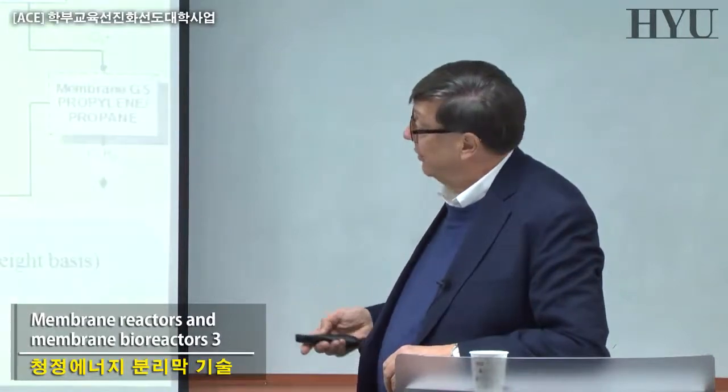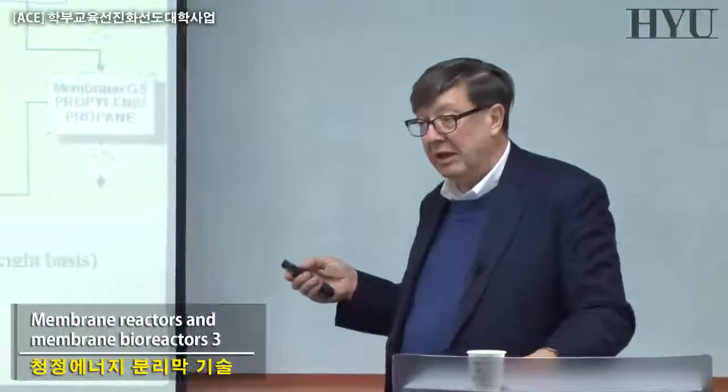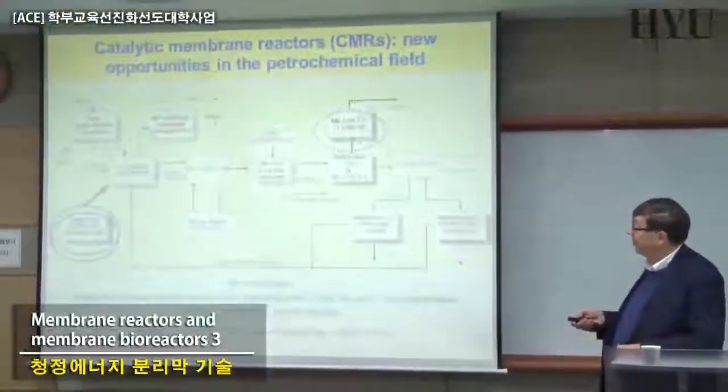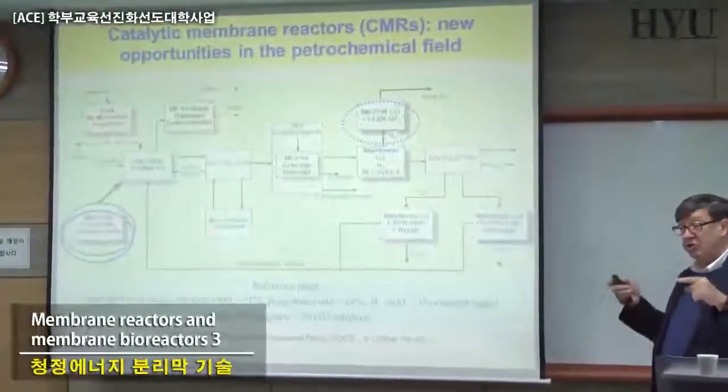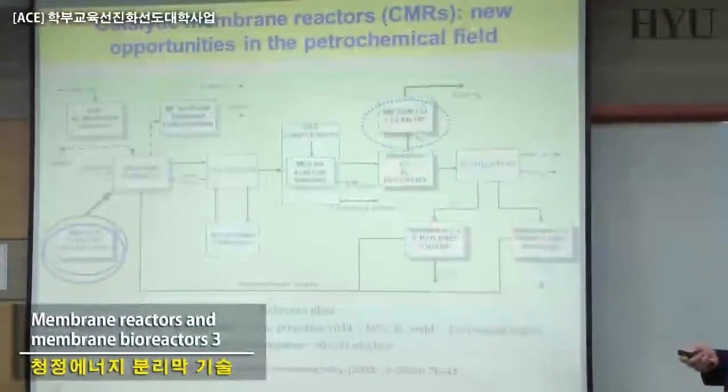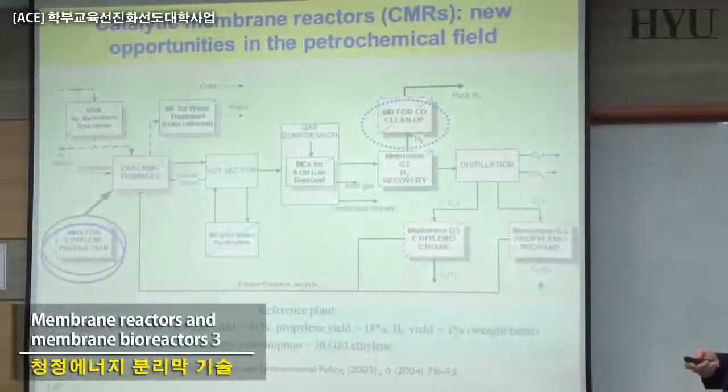But also in this area, things are happening. This is one interesting case that we studied a few years ago together with the largest producer of ethylene. Ethylene is one of the most significant industrial productions today.